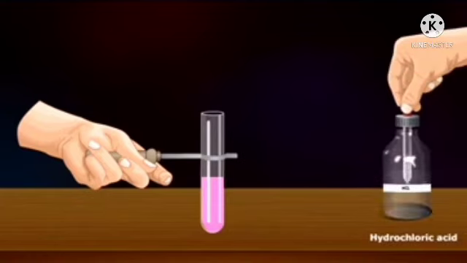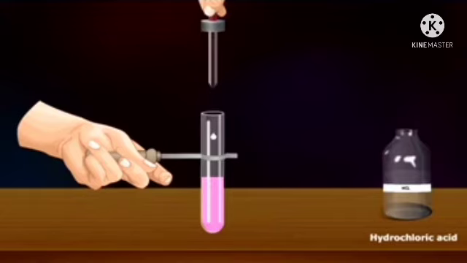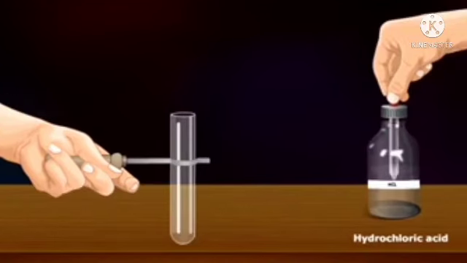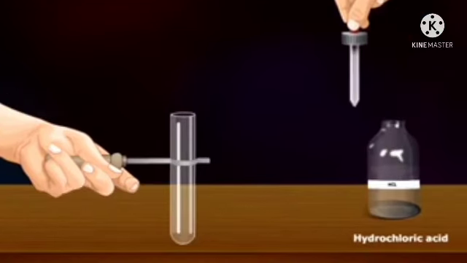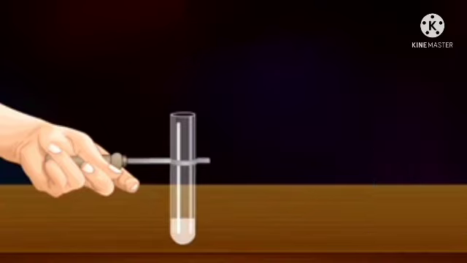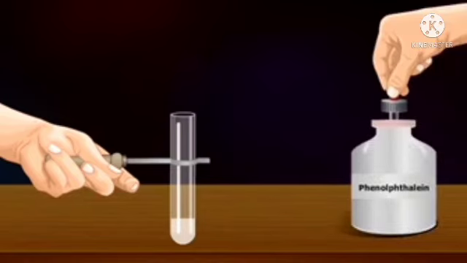The pink color of the mixture becomes colorless by adding a few drops of hydrochloric acid. Here we find that acids turn the phenolphthalein indicator colorless, while bases turn it pink.